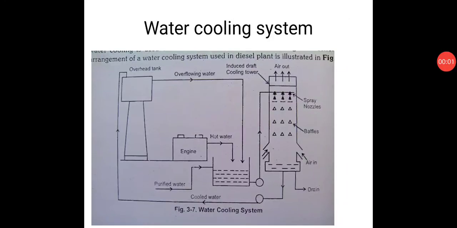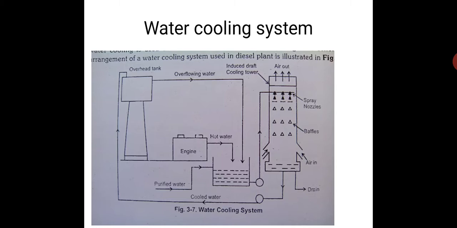Hello students. In the previous discussions we have seen the salient features and the layout of the diesel power plant, and also the fuel injection system in a diesel power plant.